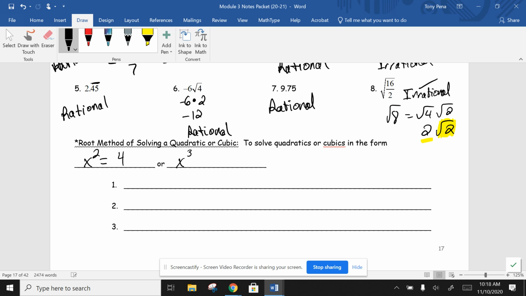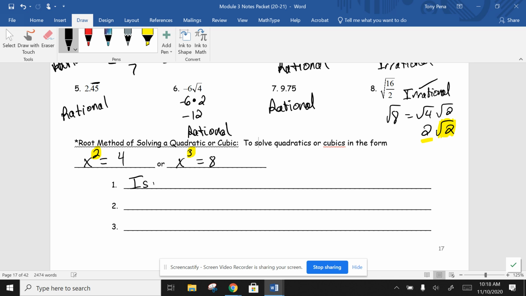Or if I give you an x cubed, because that's a cubic, we'll say that is equal to 8. So if I give it to you in that form, one's a quadratic. Remember, quadratics have powers of 2. A cubic graph has a power of 3. So that's all that's saying.